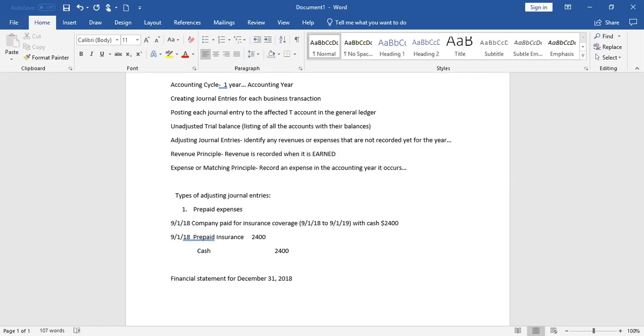We got to make sure all of our revenues are recorded and all of our expenses are recorded for the year. Now, if you take a look at this, this starts in the accounting year 2018. Even if you draw a timeline, it starts in one accounting year, the coverage for this insurance policy, and it finishes next year. So some of the coverage on this insurance policy is occurring in this accounting year, and some is occurring in next accounting year.